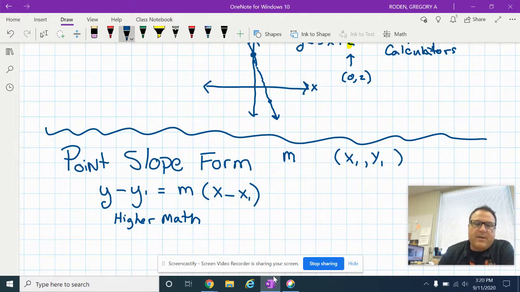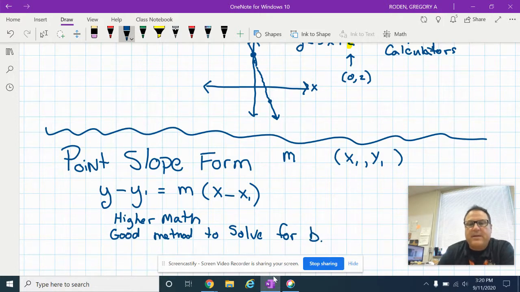Another reason it's a good method is for solving for b. I kind of like it even better than just plugging in a point and solving for b. It works really nice for solving for b, and we can talk about that.